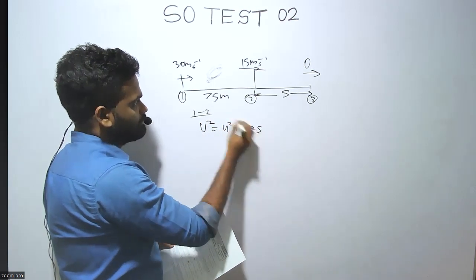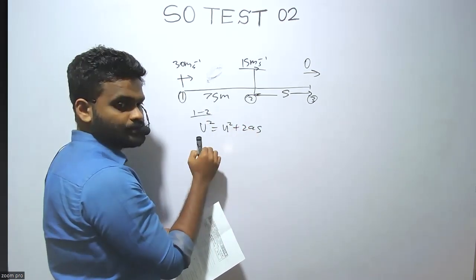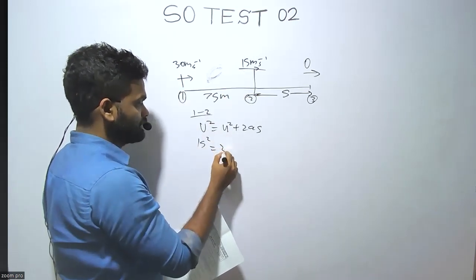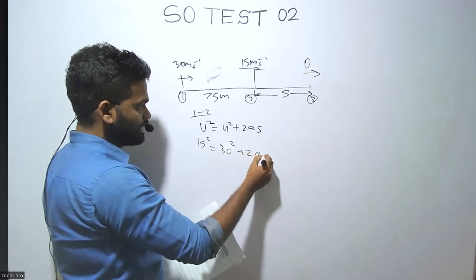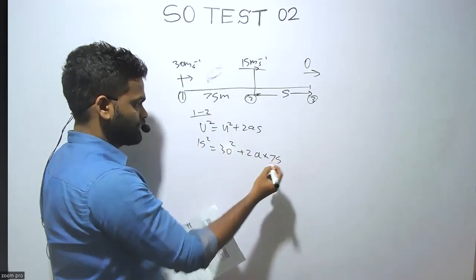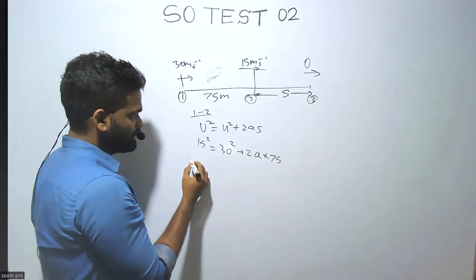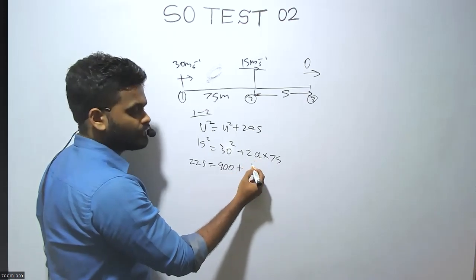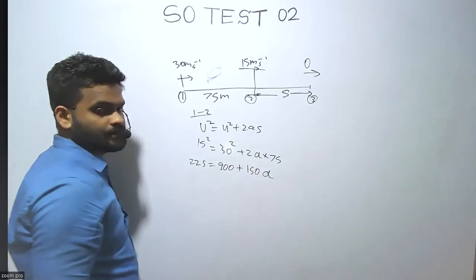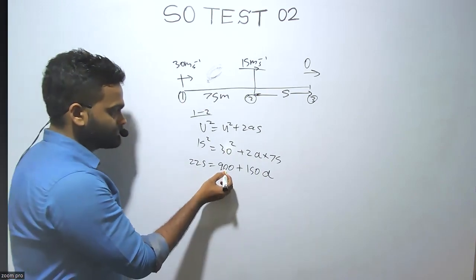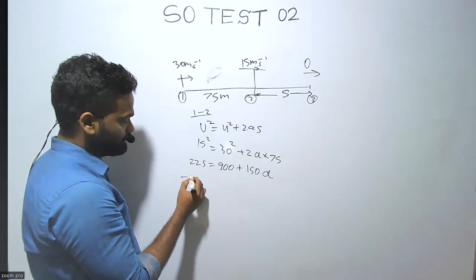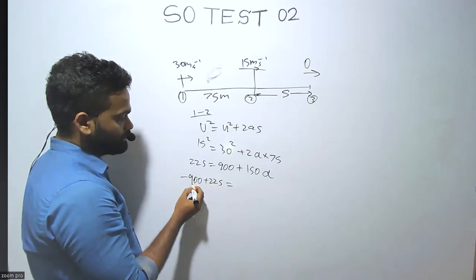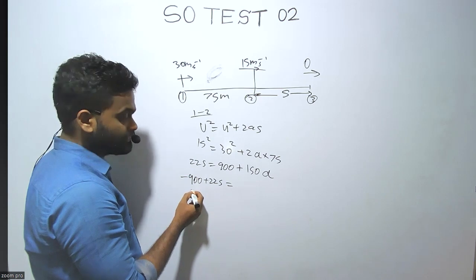Because there's no time involved here, you can use this equation. So final velocity 15, initial 30, plus 2a, distance is 75. So 15 squared is 225, this is 900 plus 2 times 75, 150, acceleration. So this is 900 plus 225. So it is 675, right?